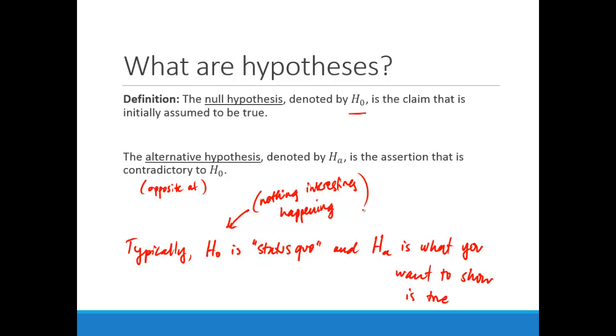I think it's easier to think about the alternative hypothesis as usually what you're hoping to show. So in that previous example, I may be interested in knowing, is my manufacturing process broken? So that's what I would put in the alternative hypothesis, that the true average distance from the edge of the paper is not really 8 millimeters. And maybe in a different setting, it's a little more clear what you're trying to show. For example, if you're testing a new drug for a pharmaceutical company, your null hypothesis would be that the drug doesn't help at all.